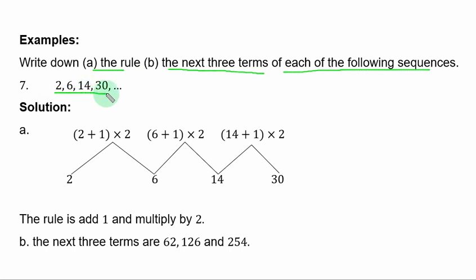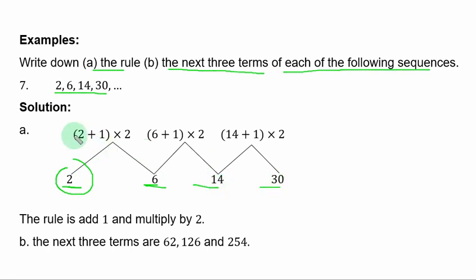You have to think of the rule that can generate the second term, third, and fourth using the first term. The second term is 6. The first term is 2. You have to think of the rule that can generate the second term, the third, and fourth.